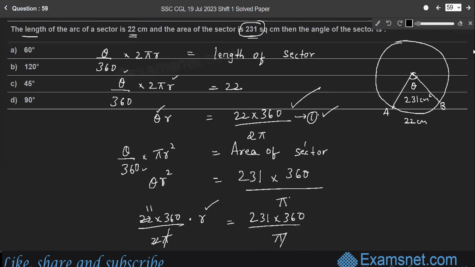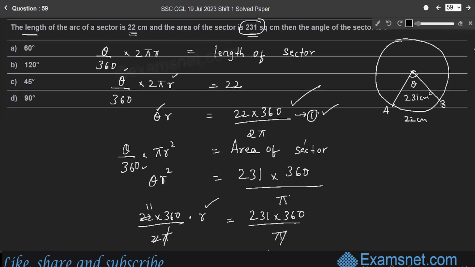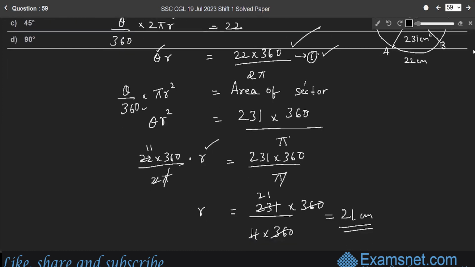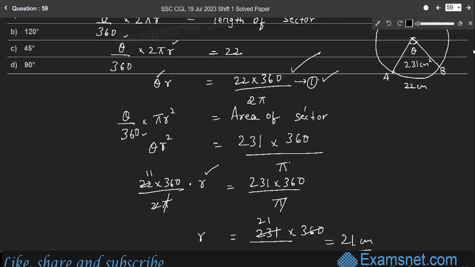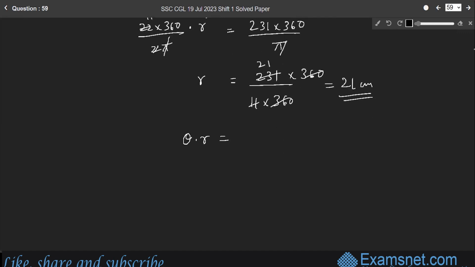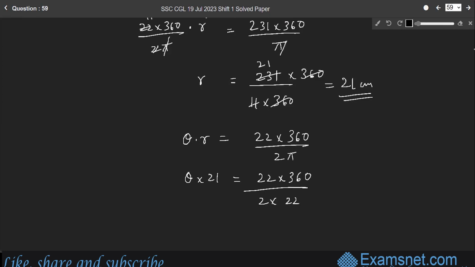So equation 1 becomes theta into r, theta into radius, is equal to 22 into 360 divided by 2 pi. Simplified. So theta into radius 21 is equal to 22 into 360 divided by 2 into pi, which is 22 by 7.